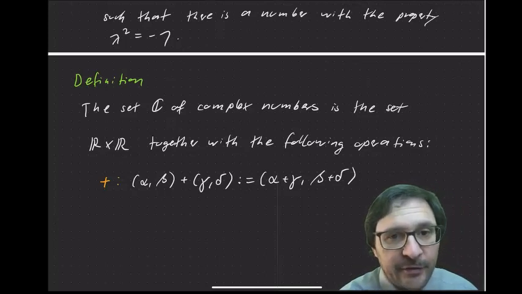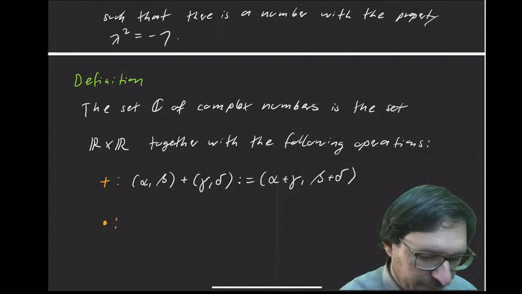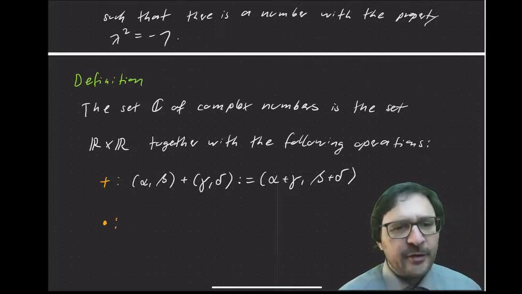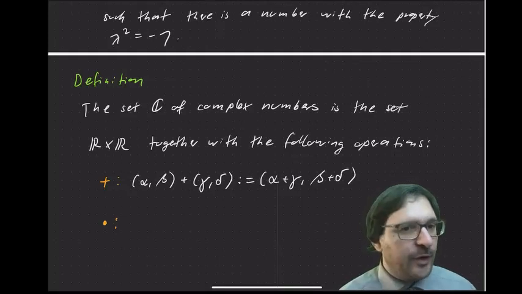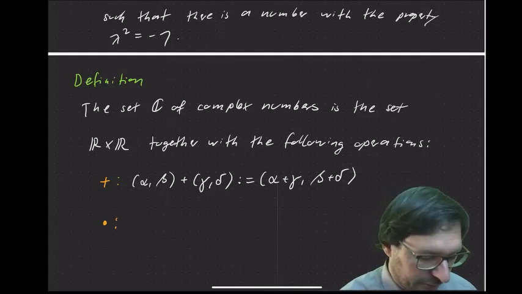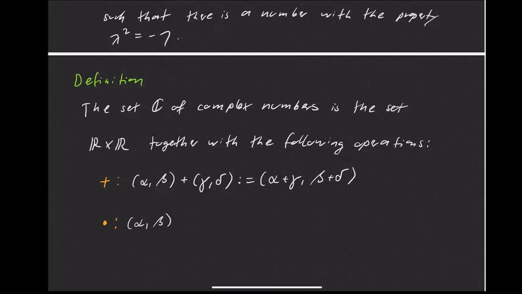Secondly, we will also need a multiplication, and that one is not that straightforward. It turns out we cannot just do it component-wise. That will not achieve the goal that we want, and that will not yield a usable number system at all. So what we're doing here is, again, we take two pairs, alpha beta and gamma delta, and we multiply those.